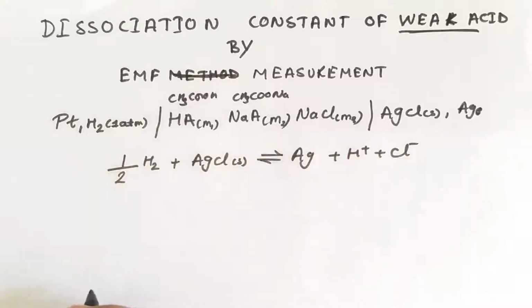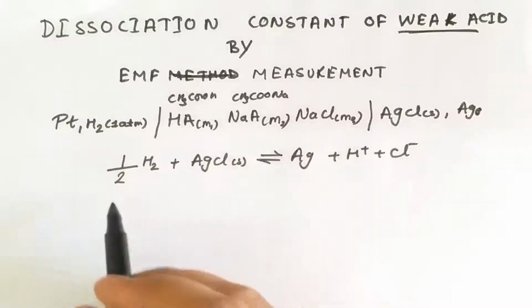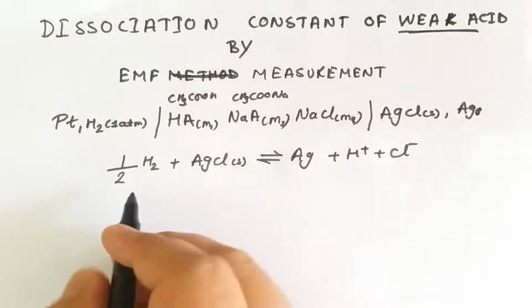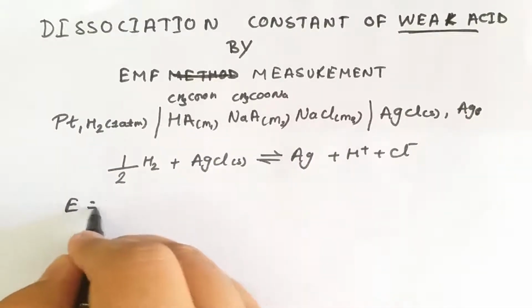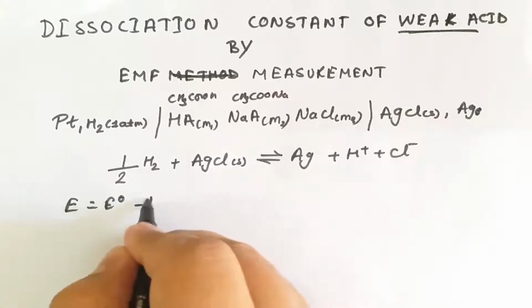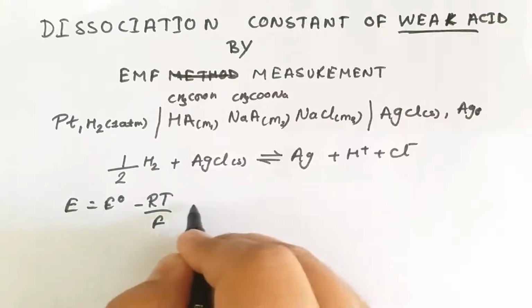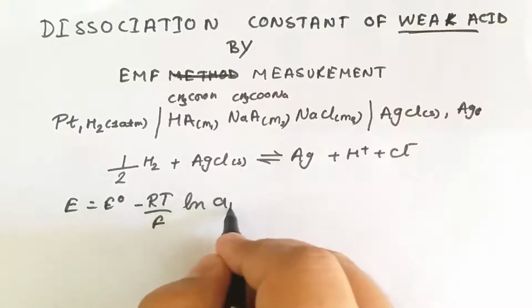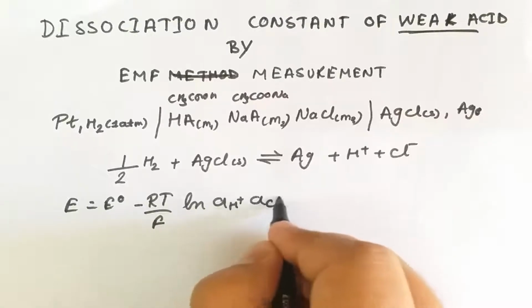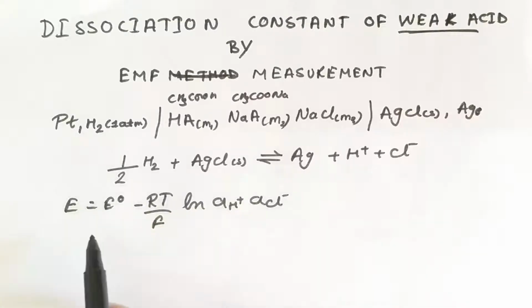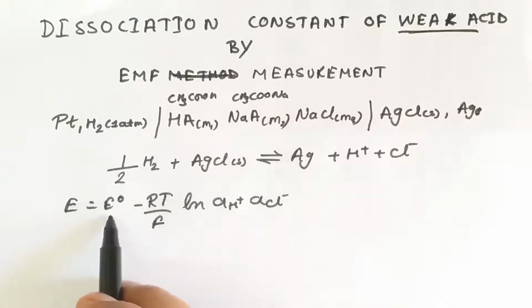So this is the net reaction taking place, and the EMF of the cell is given by the Nernst equation, that is E is equal to E0 minus RT by F ln of activity of H plus ions into activity of Cl minus ions.